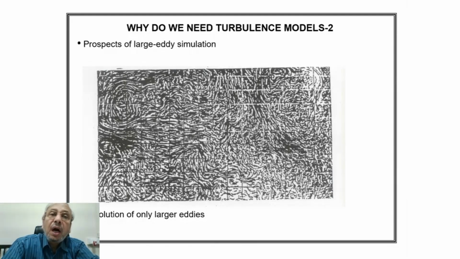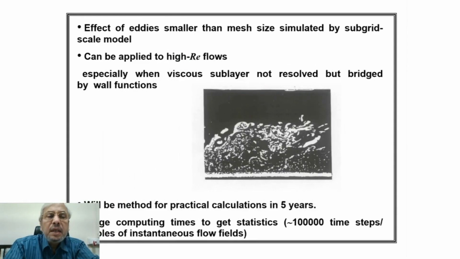So the fluctuations that are scale-wise falling below the spatial scale defined by the grid size can be handled by a model, and these are called subgrid scale models, and one can go for reasonably high Reynolds number flows.